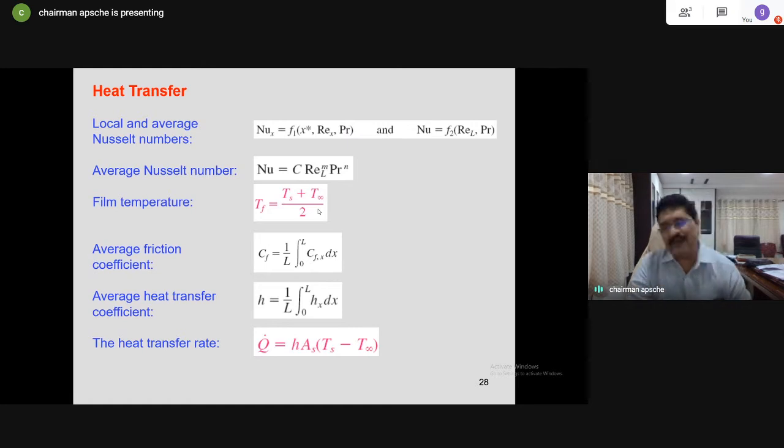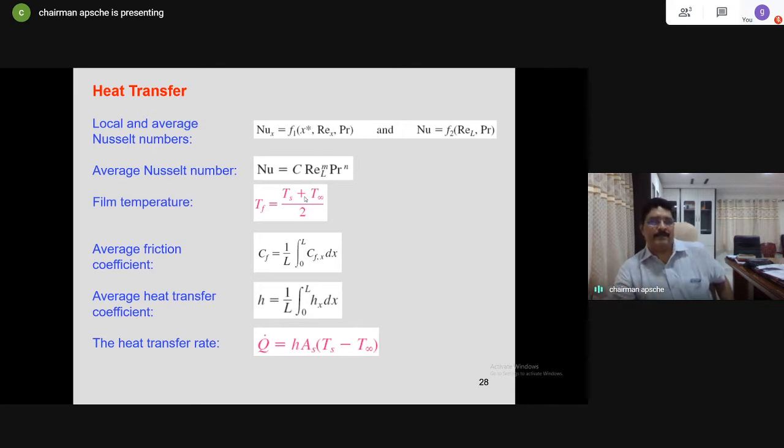All these property values of the fluid participating in convection over a flat plate shall always be estimated at film temperature. What is this film temperature? Film temperature is just the average between the surface temperature and the fluid free stream temperature. We always estimate properties like rho, mu, Cp, K at this average temperature.